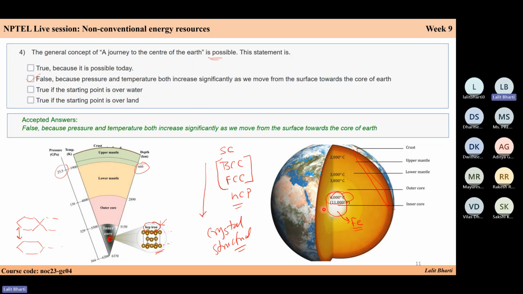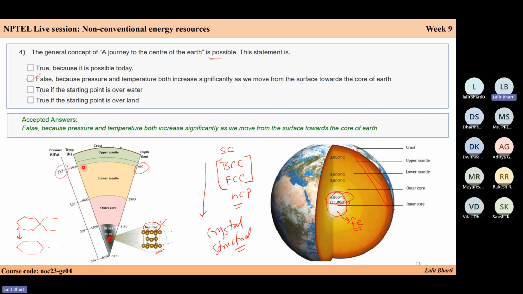See here, temperatures are 3000 degrees Celsius. If you want to make a hole in the Earth's surface and try to go through to the inner core, that will not be possible because we don't have any material to withstand the 6000 degrees Celsius temperature, and your pressure will also be very high.